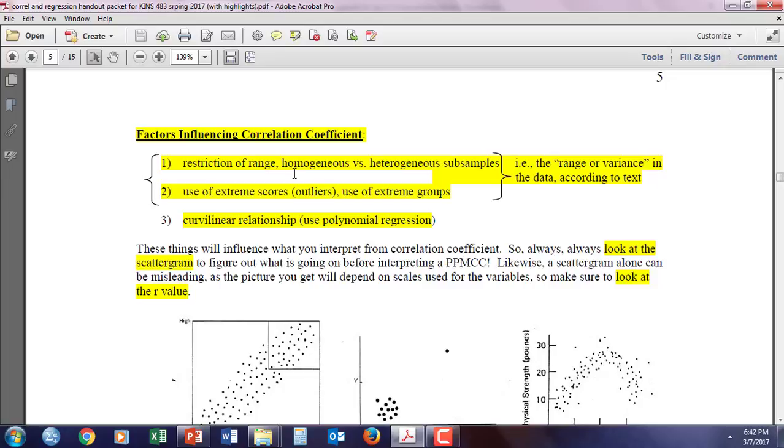All right? Restrict the range, homogeneous group, you don't include outliers, your correlation is going to be lower than if you use extreme groups, if you use more heterogeneous or varied samples. Those kind of things will inflate your correlation coefficient.